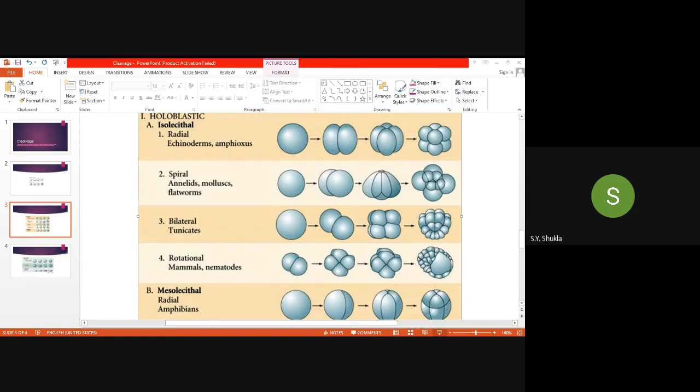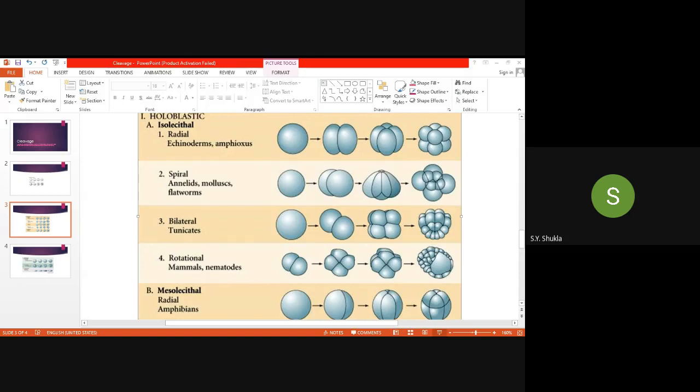The cleavage is complete, radial type, but not equal. The moderate amount of yolk is situated at either the animal or vegetal pole, and the cleavage takes place opposite to where the yolk is. It is a complete one, and is generally shown in amphibians.